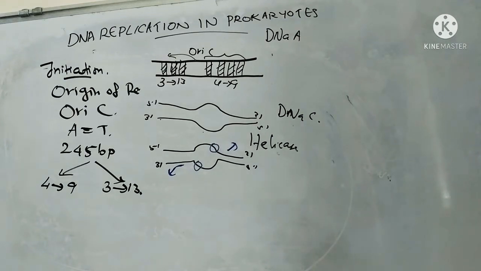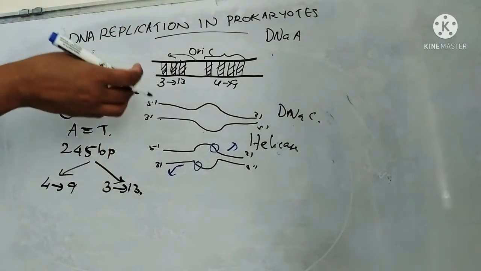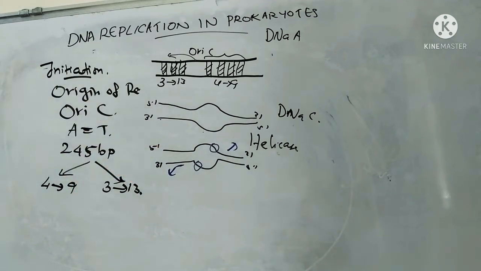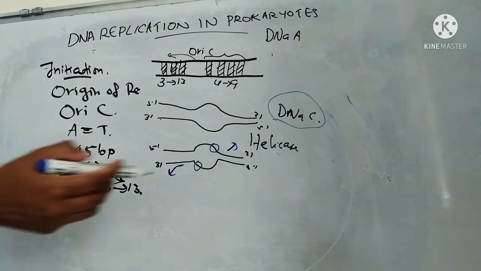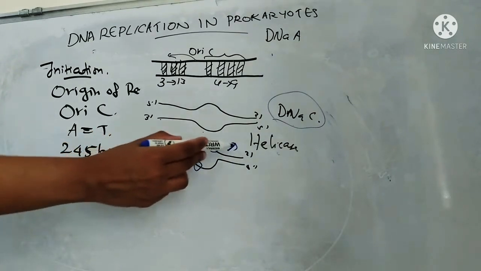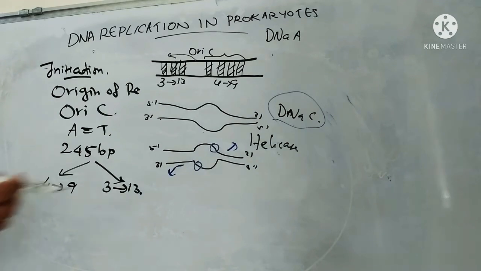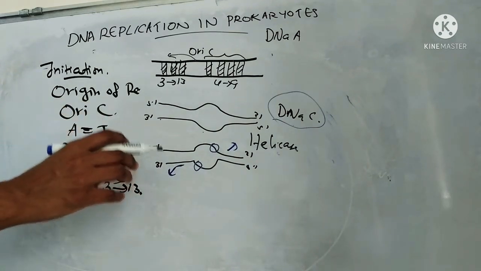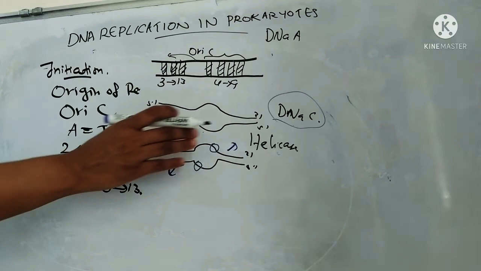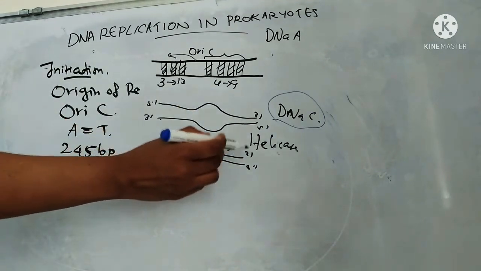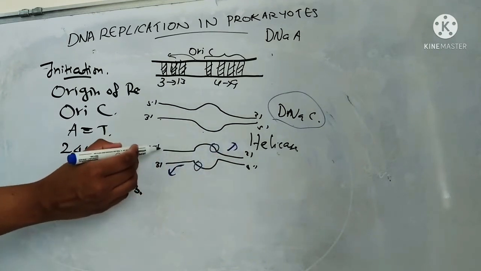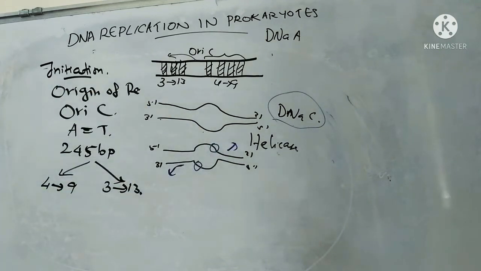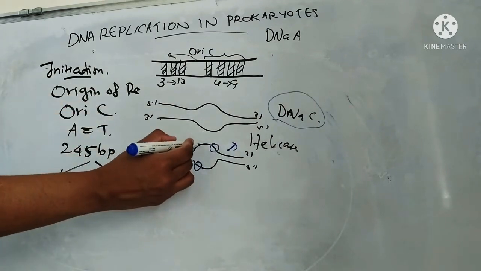So DNA C binds to DNA B protein and it results in the opening of the DNA B ring. Then DNA C is released. Then this DNA B is bound to the single stranded DNA. This helicase travels along the single stranded DNA in the 5 prime 3 prime direction, and it causes unwinding and creates the replication fork.